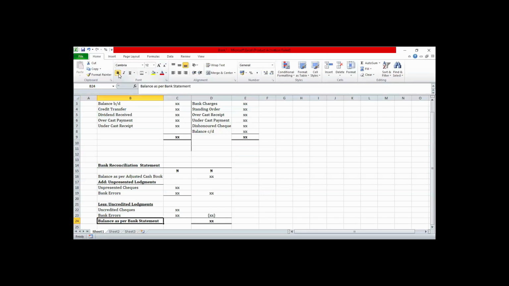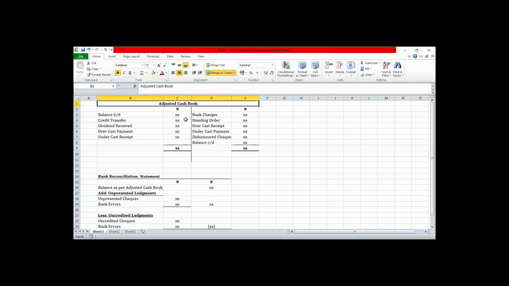This is what we refer to as what? Indirect method. When this group is prepared, we refer to it as what? Indirect method. Any question? Hello? Any question? As for me, sir, no, sir. Okay.